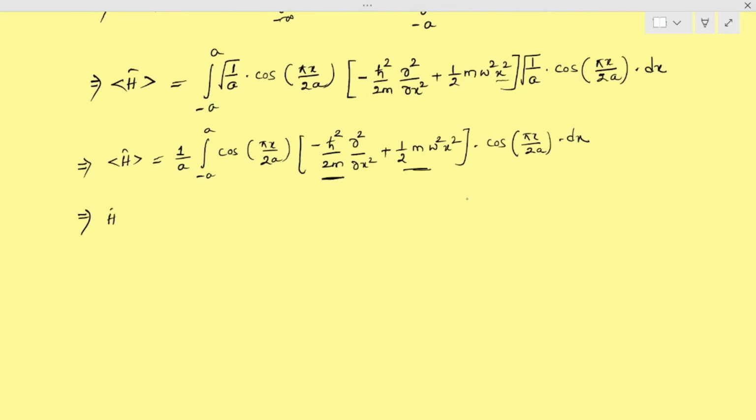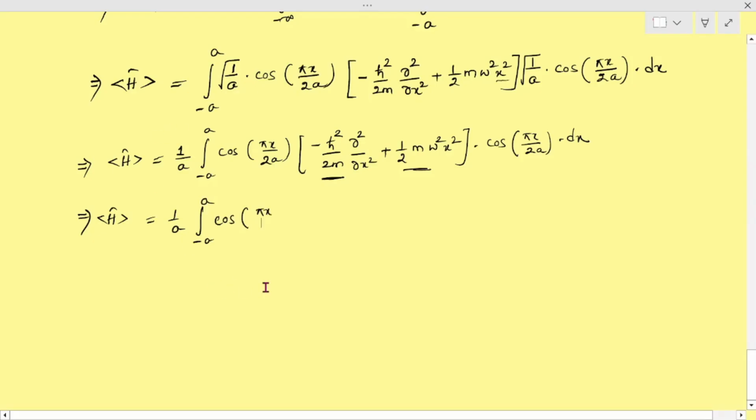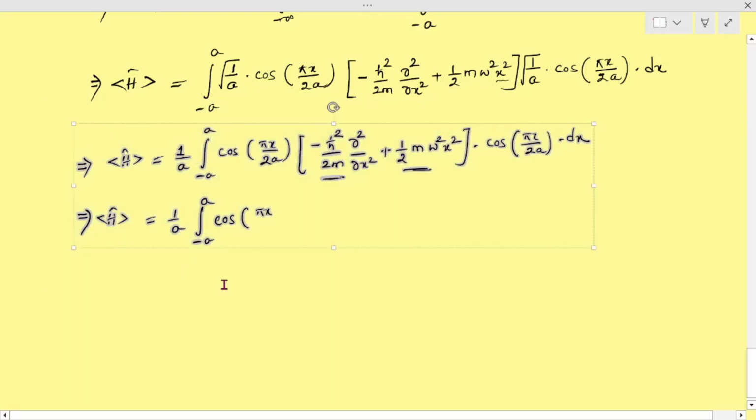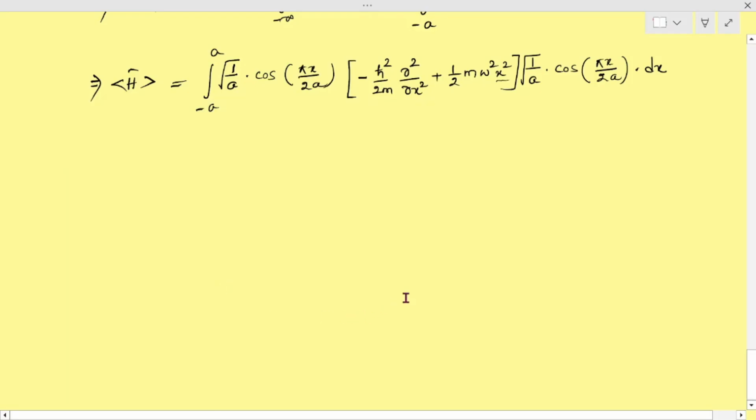You just segregate it into two integrations, 1 by a, minus a to plus a cos pi x by 2a. So that implies the expectation value of Hamiltonian will be equal to root over 1 by a times root over 1 by a.